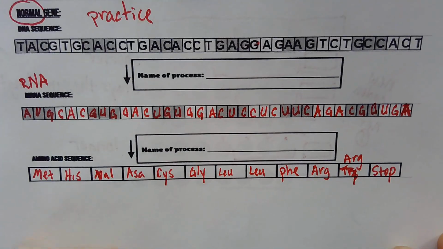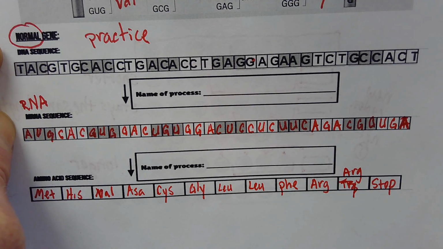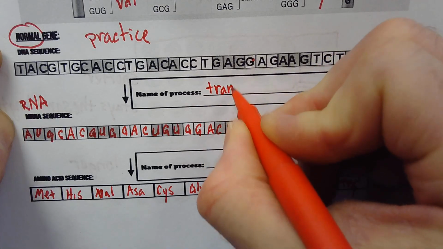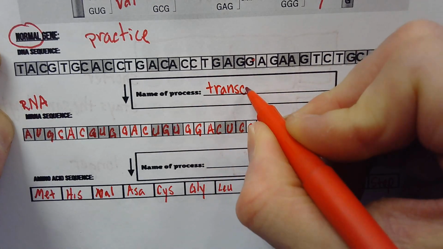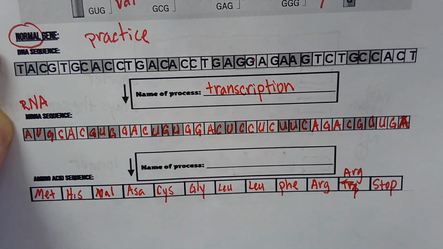All right. So then your amino acids. What's the process called of going from DNA to RNA? Yeah, so we first transcribe it. And again, the format is going to look exactly like this on the final project.